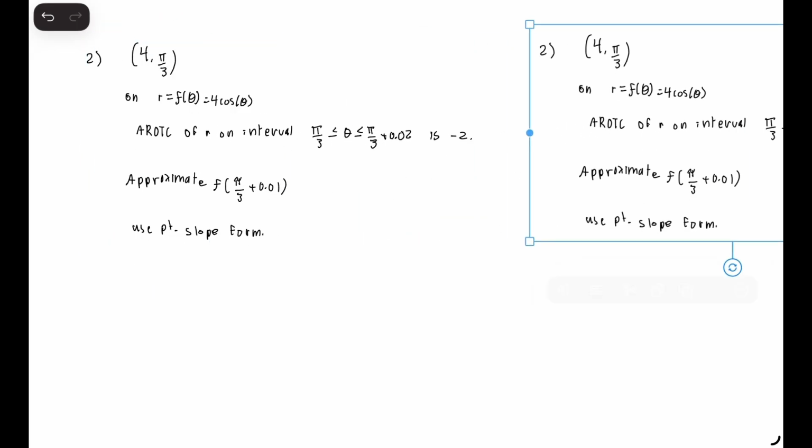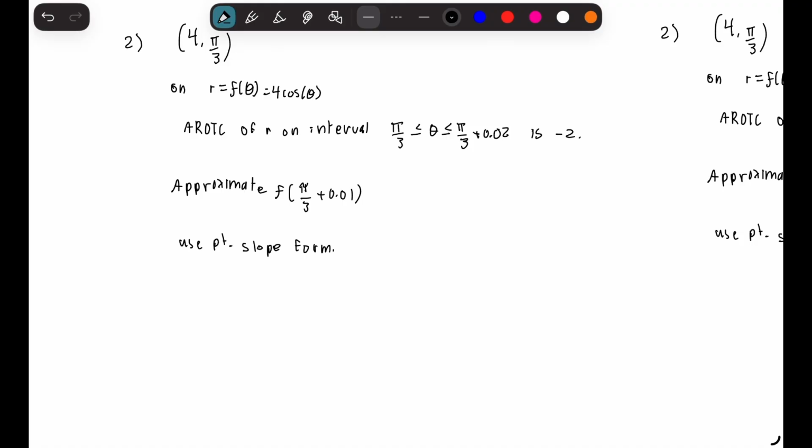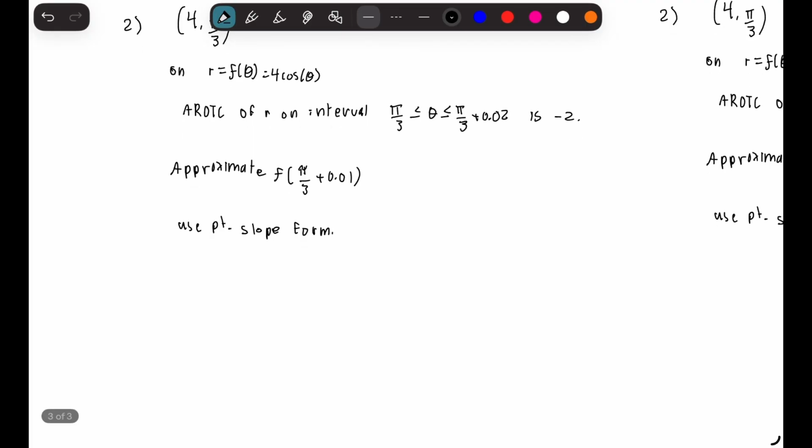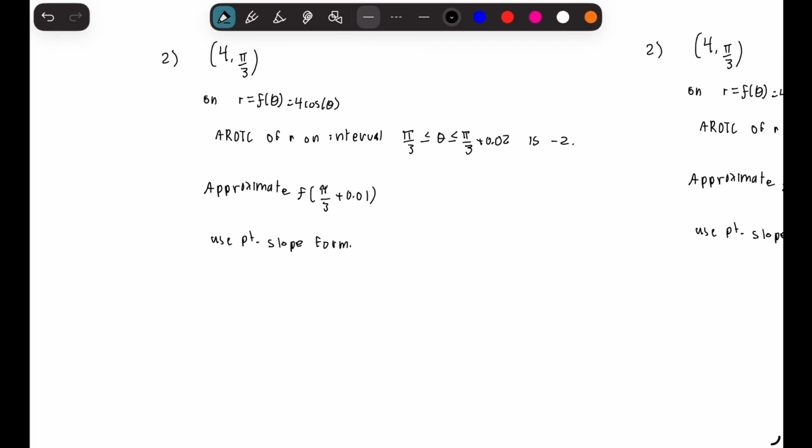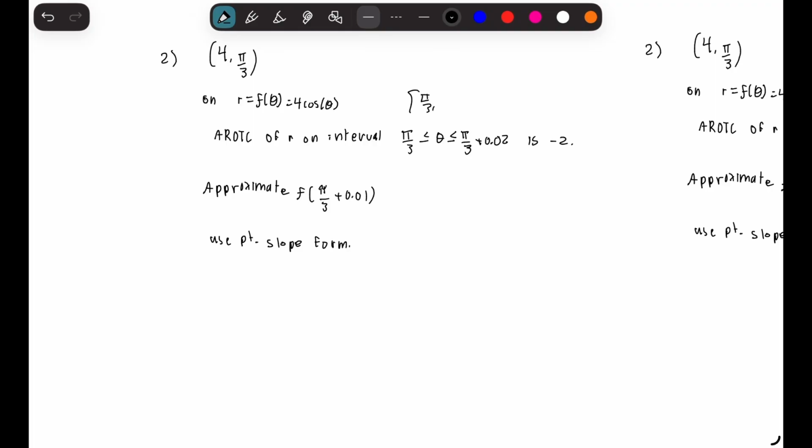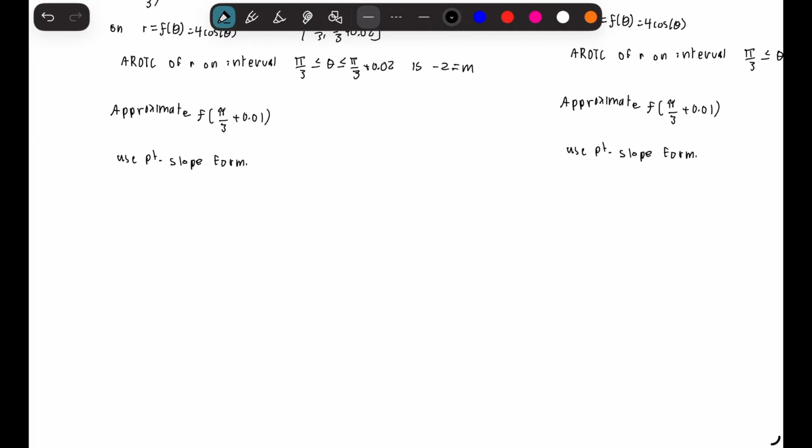So for our first question, we have our point slope form that we want to get, and we also have the interval. Our average rate of change is going to be our m. So we can write first the point slope linear approximation.